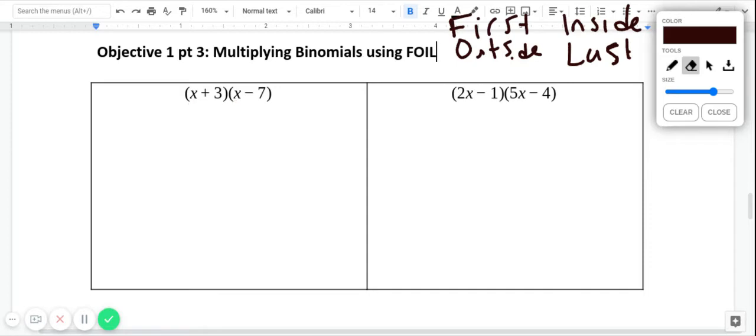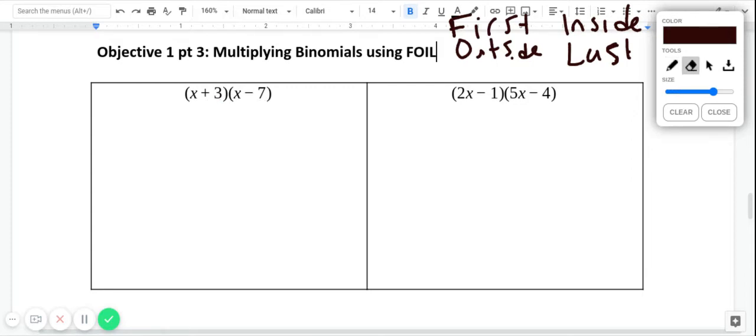The outside terms are the terms on the outside, so that's this x and this negative 7. Inside terms are this 3 and x, they're like the two terms that are inside of this whole product of binomials. And then the last terms will be the last term of each binomial, which is the 3 and this -7.